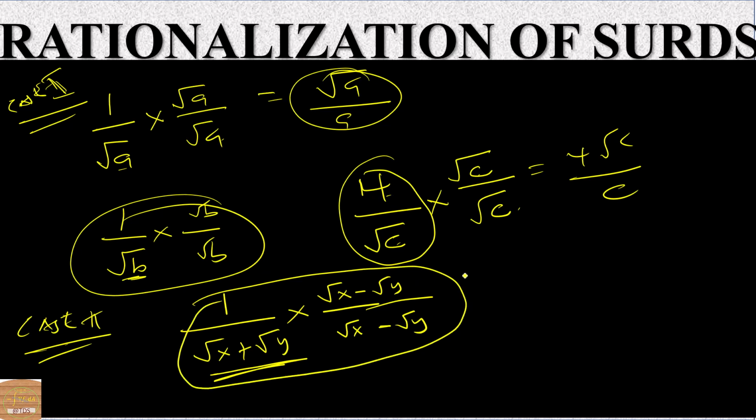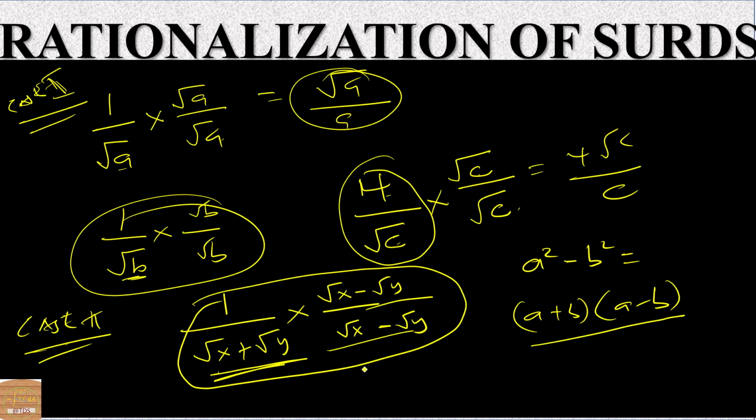With this, let's look at the denominator here. The denominator is behaving like this: a squared minus b squared is the same as a plus b times a minus b. We call this the difference of two squares.